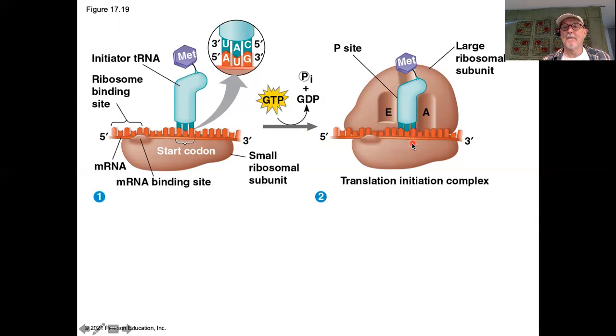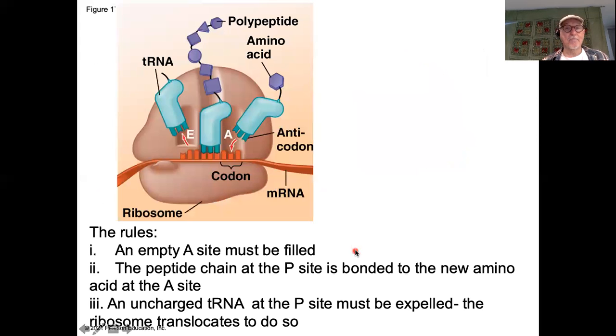So that's the initiation complex. Small subunit, large subunit. Here's the start codon, and here's the first tRNA with methionine. And now our translation can begin in earnest.